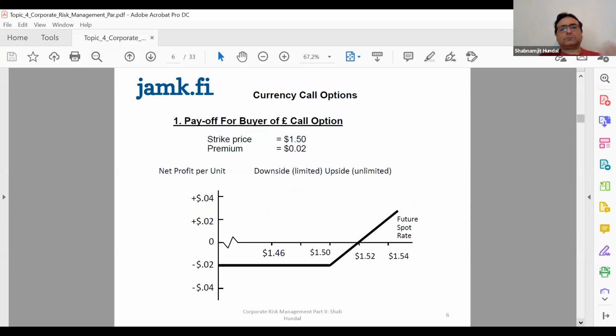Imagine you are going to buy something from Great Britain. You make a contract with this British company that you will buy some IT solutions or some machinery. You will make a payment. I will not name how much amount, because that will complicate the example.